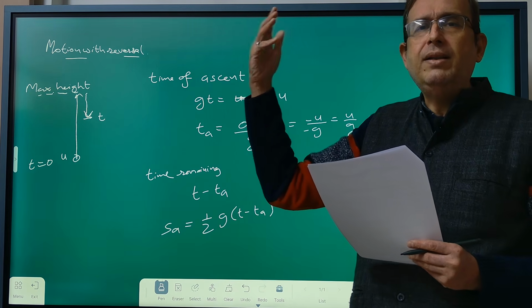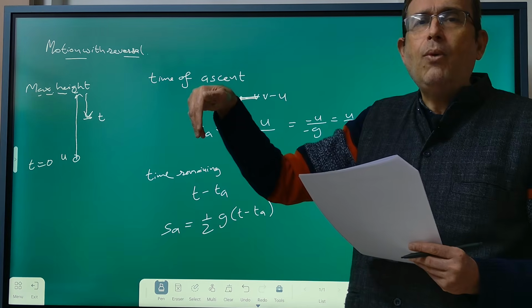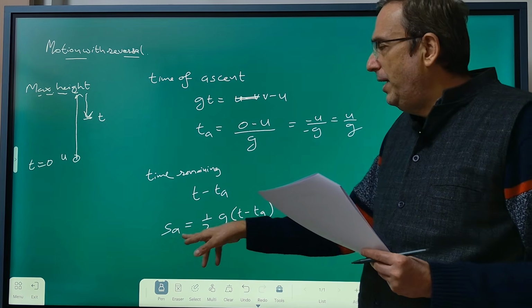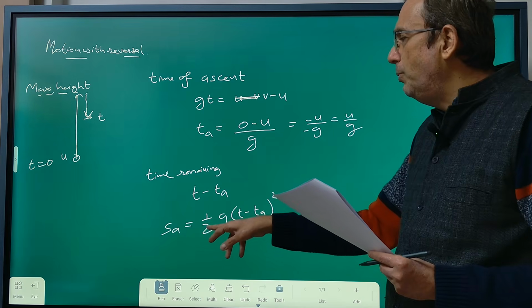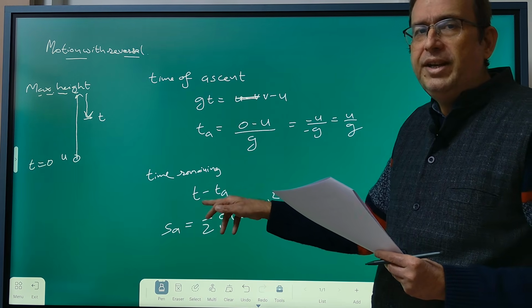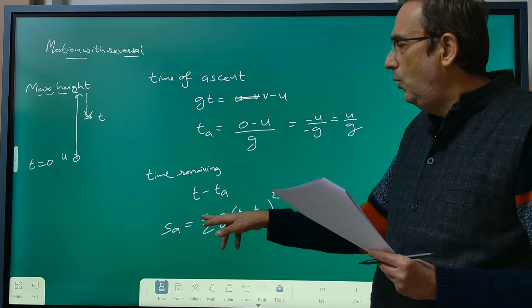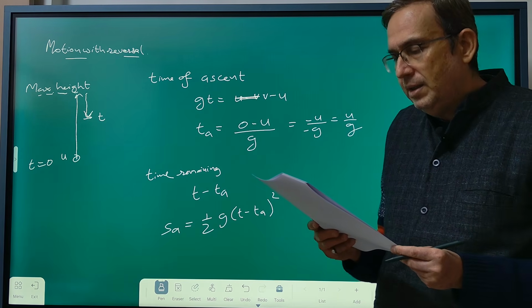At the maximum height the velocity is 0, so it starts from the maximum height and starts falling. So the distance covered would be given by this equation, with the initial velocity for the downward motion being 0, so it is just half g into (t minus ta) whole square.